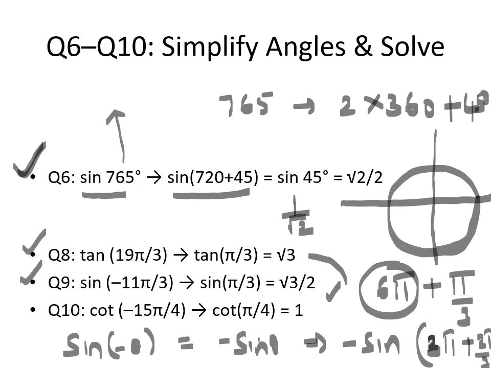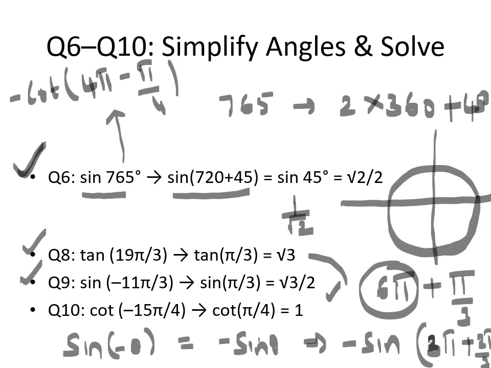Next one is cotangent 15 pi by 4. Cot of minus means you first get minus cot of 15 pi by 4. 15 pi by 4 you can write as 4 pi minus pi by 4. If plus were given, 2 rounds would be completed, but only minus is given here, so we can't go with complete 2 rounds.